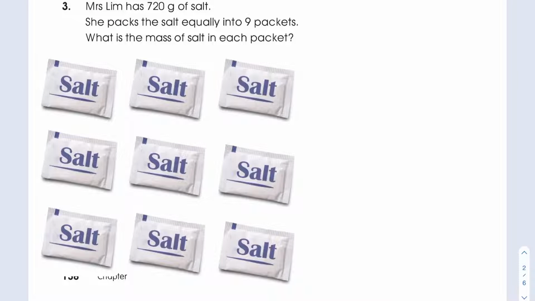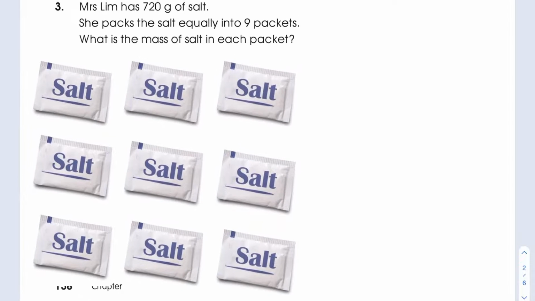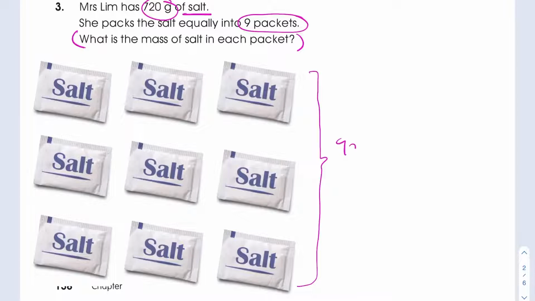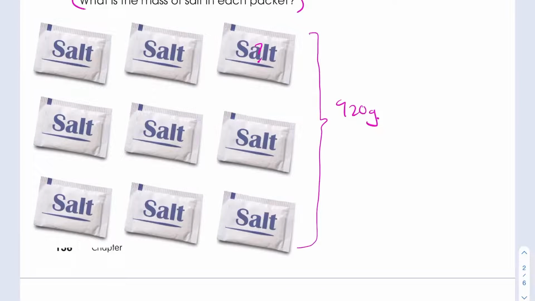Mrs. Lim has 720 gram of salt. She packs it equally into 9 packets. We need to find the mass of salt in each packet. So as you can see here, I have 9 packets, and all together they give me 720 gram. So what is the mass in 1 packet?